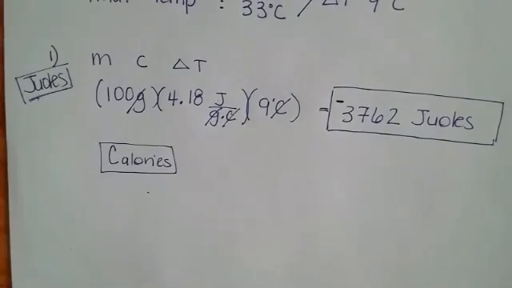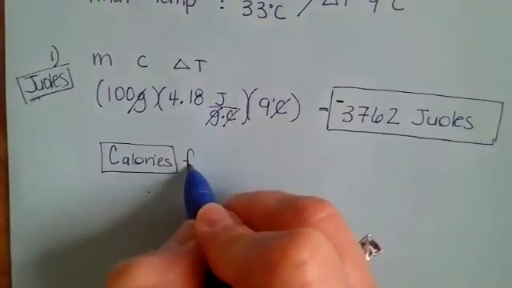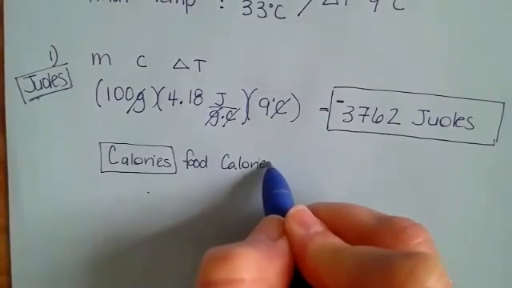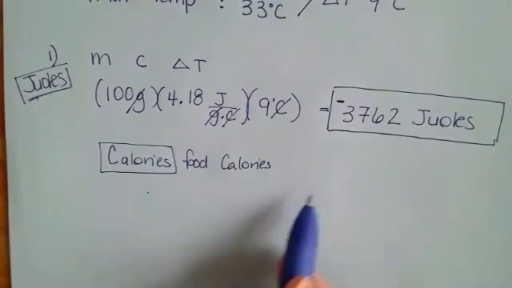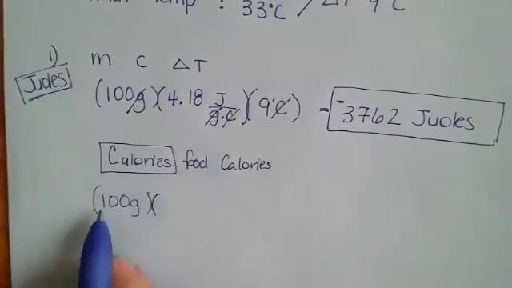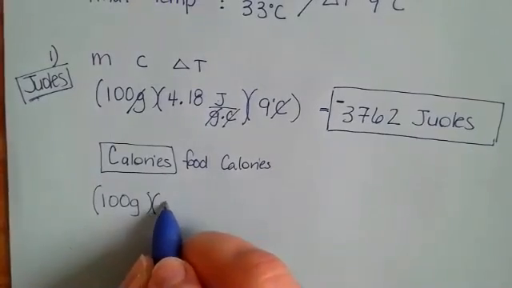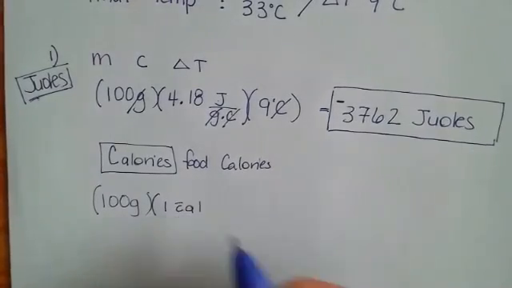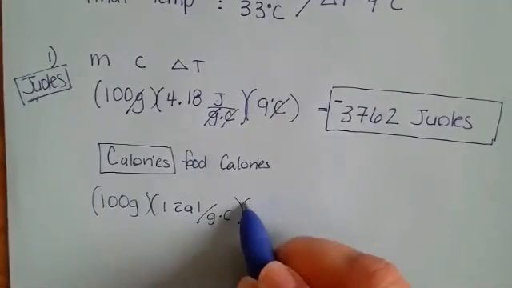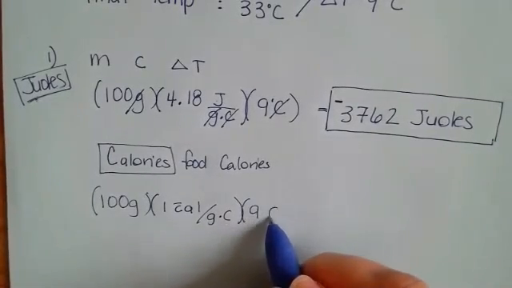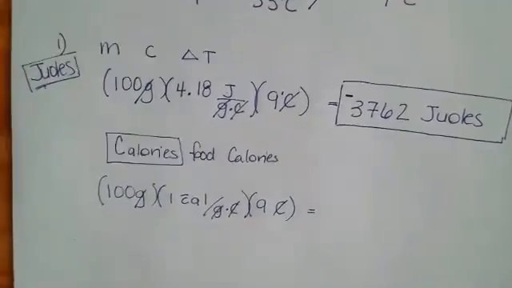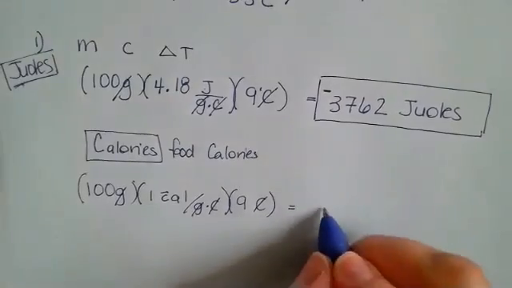Little c calories is chemical calories, and this is a food calorie, which is what we're trying to solve. So I'm going to put my 100 grams of water, and I'll solve for chemical calories first. That's more of what we did in class. And then we have the change of temperature.